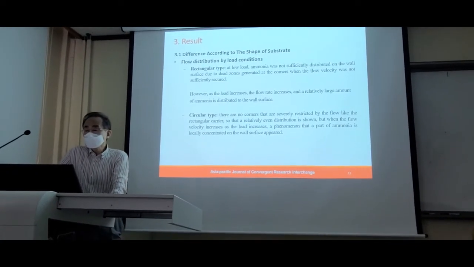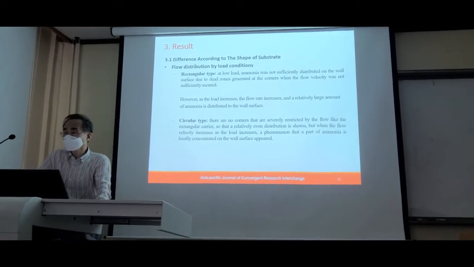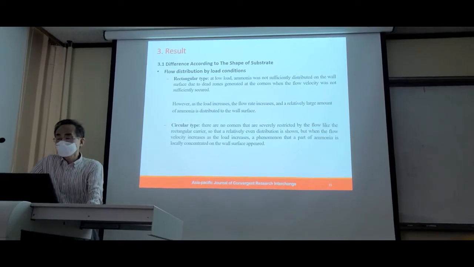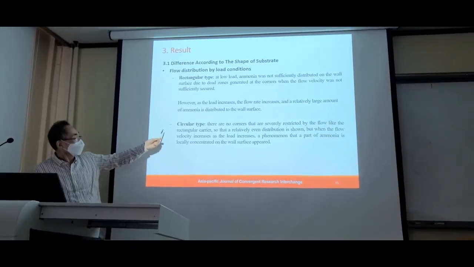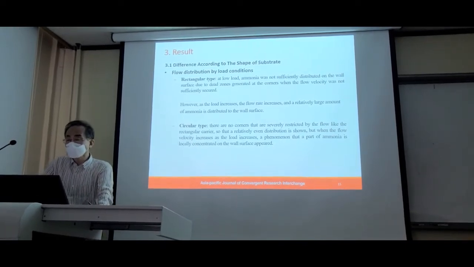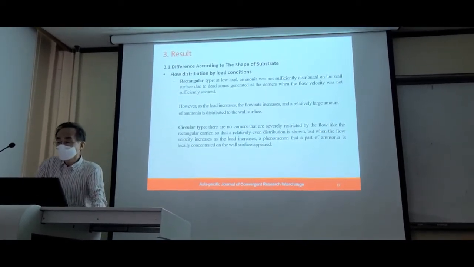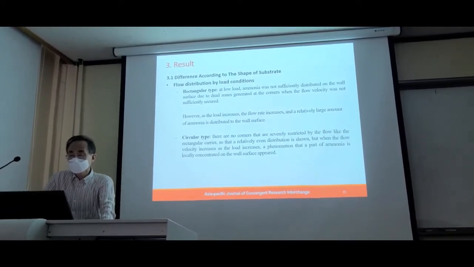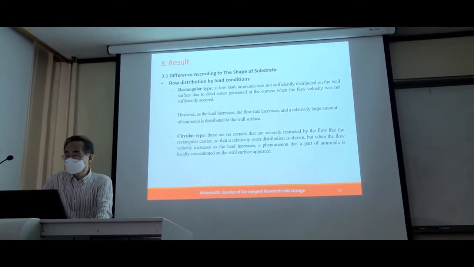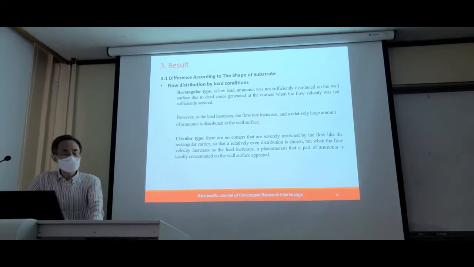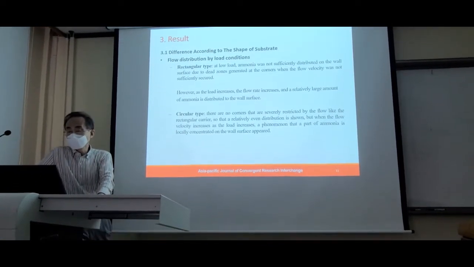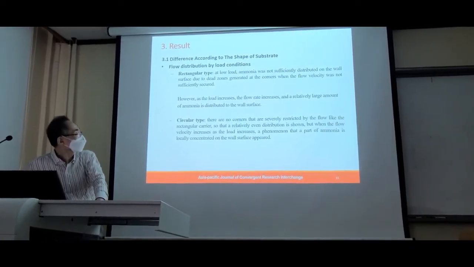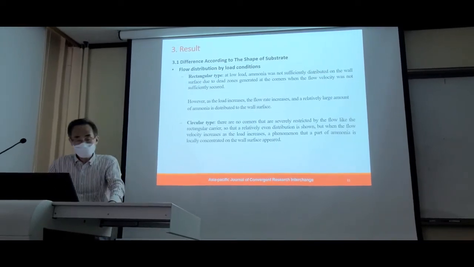However, as the load increased, the flow rate increased relatively, and a large amount of ammonia is distributed to the wall surface. On the other hand, the circular type has no corners severely restricted by the flow like the rectangular substrate, so a relatively even distribution is shown. But as the flow velocity increased with the load, the phenomenon of ammonia being locally concentrated on the wall surface appears.